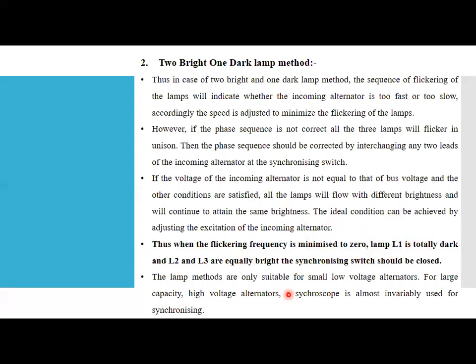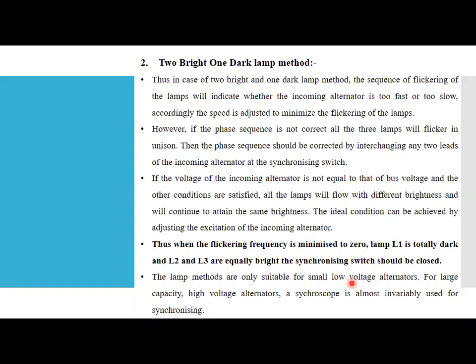This is common theory for everything. But this method is only used for low voltage alternators. Because if there is a high voltage difference between two lamps, the lamp will be blown.